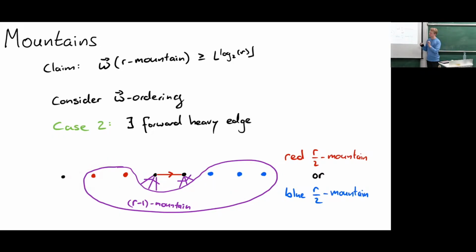Now this is a slight lie, of course. There might be some stuff in between, and then you color it depending on which endpoint it comes before and after. But in spirit, the argument is pretty similar to what it is here.